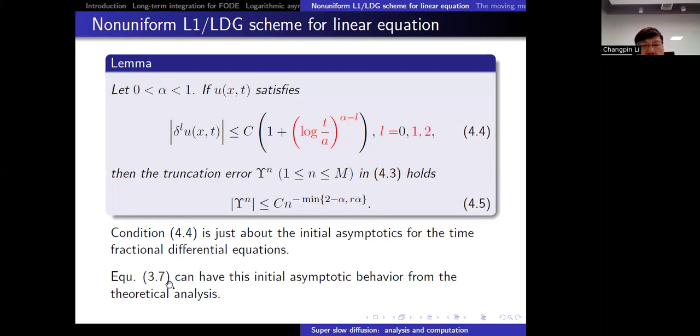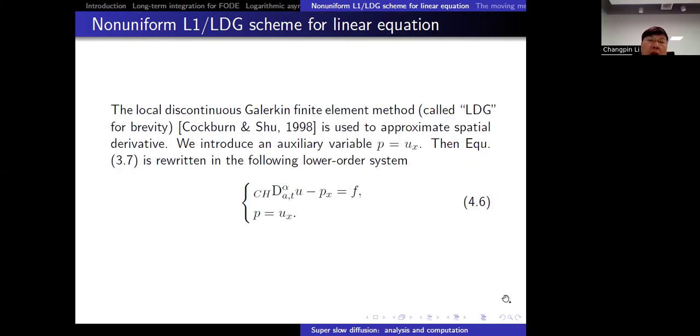In equation 3.7, we have this initial asymptotic behavior. Now for the initial boundary problem, we use a non-uniform L1 formula to approximate the time fractional derivative.